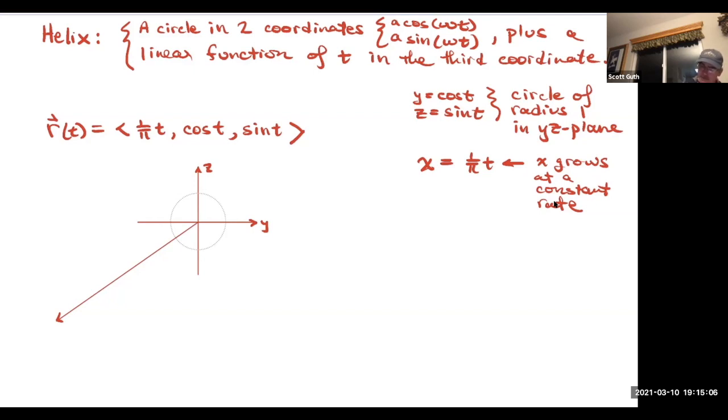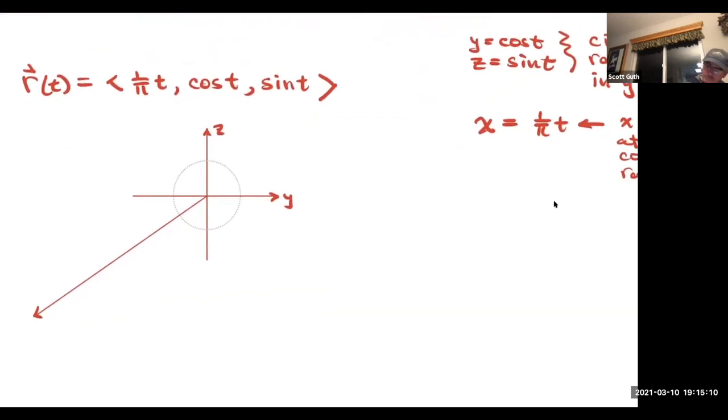I wonder if I could pull this off here. So 1, 2, 3.